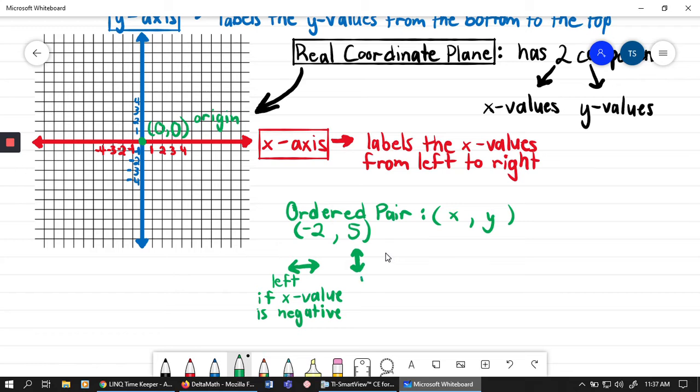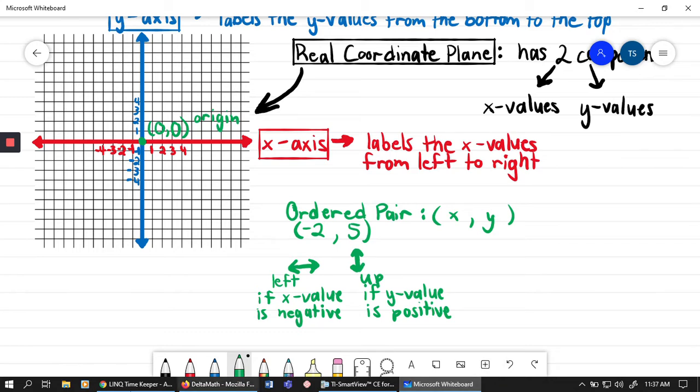So you're going to move up if the y value is a positive number. Clearly, if that y value is positive, we move up. Then obviously, if the y value is negative, then we're going to be moving down, right?